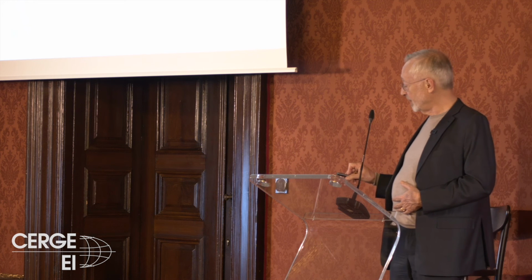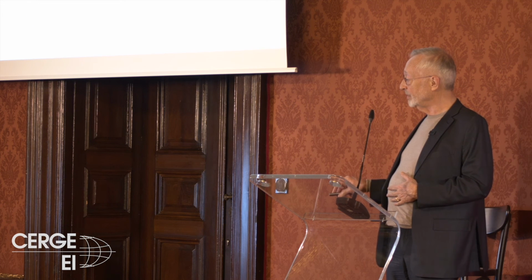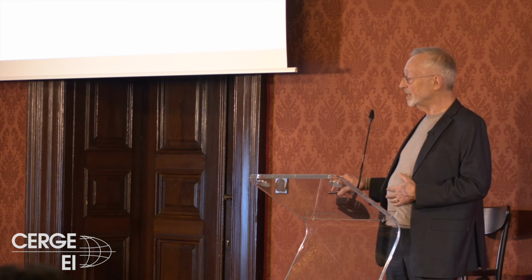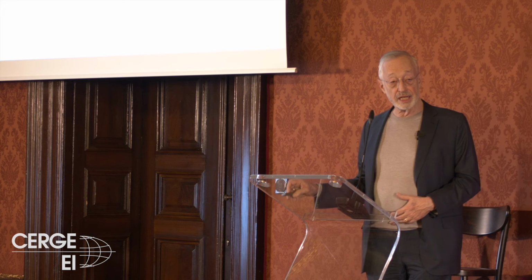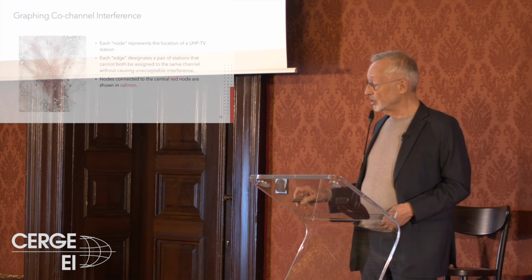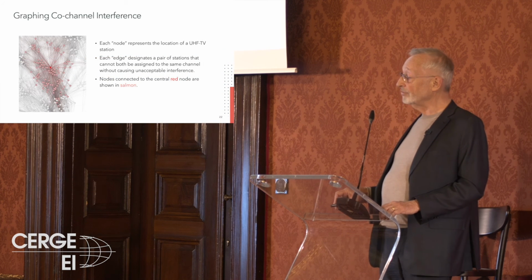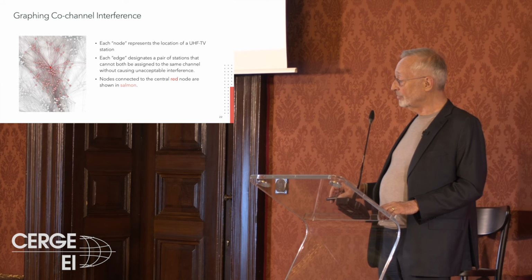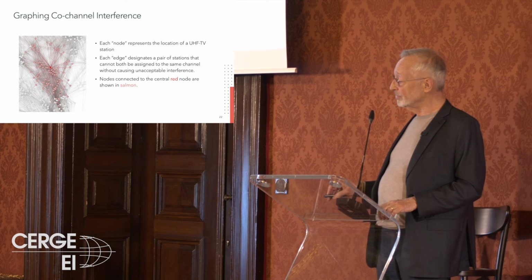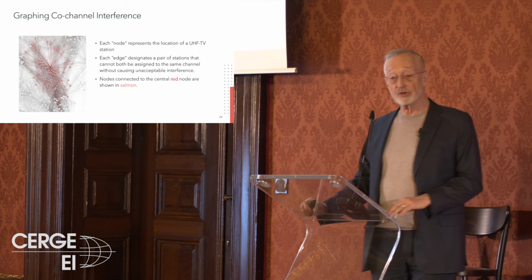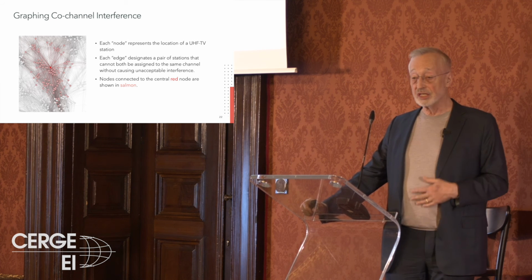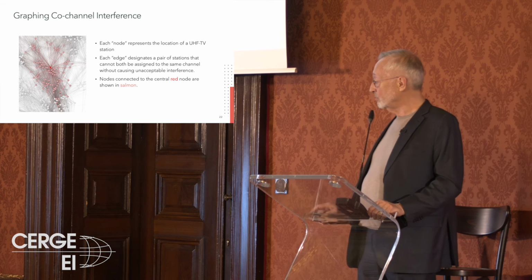By the way, the rule was that two stations were said to be not interfering if fewer than 0.5% of their customers suffered interference from the allocation. Then we created a graph, in which each node represents the location of a television station, and you draw an edge between two stations if they can't both be on the same channel without creating interference. So this is the interference graph that we created.